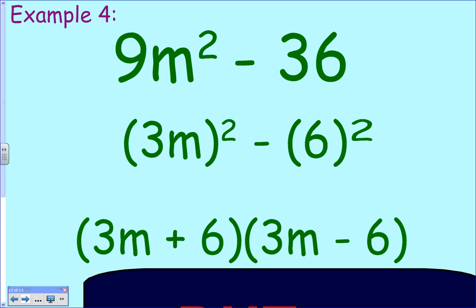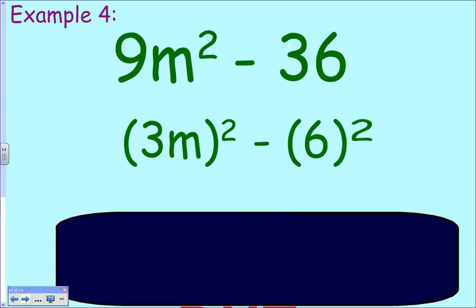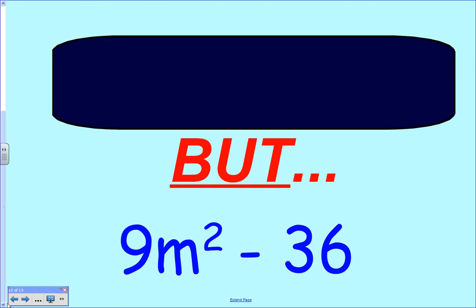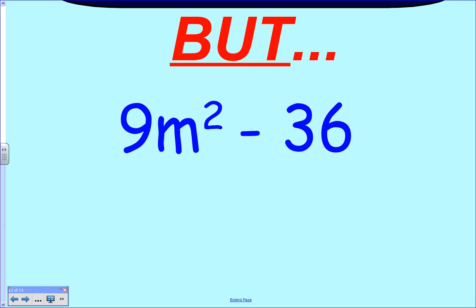However, you have to remember that 9m squared minus 36, if you do step 1 first, has a common factor of 9. If you pull the common factor out of 9m squared minus 36, you're left with m squared minus 4.